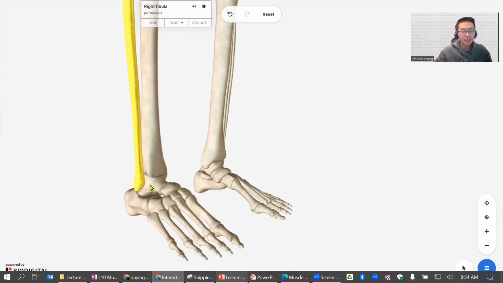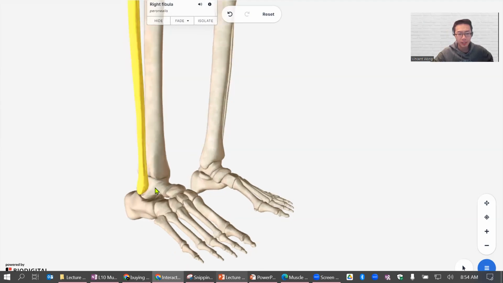At the foot here, we have the tarsals, T-A-R-S-A-L, and there are 7 tarsals altogether. And the tarsals, 7 of them are shown. 1, 2, 3, 4, 5, 6.